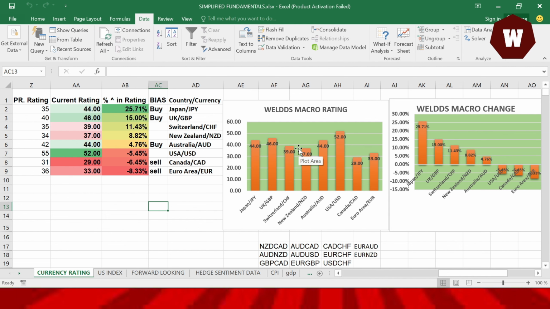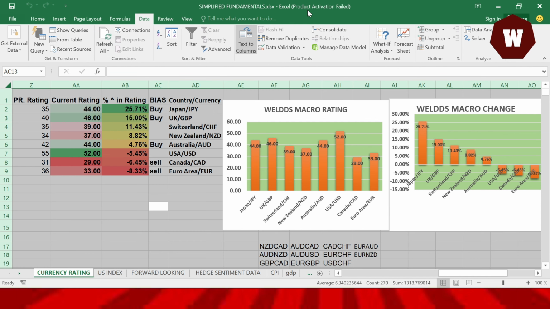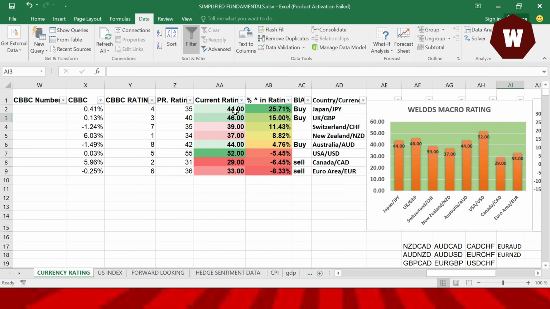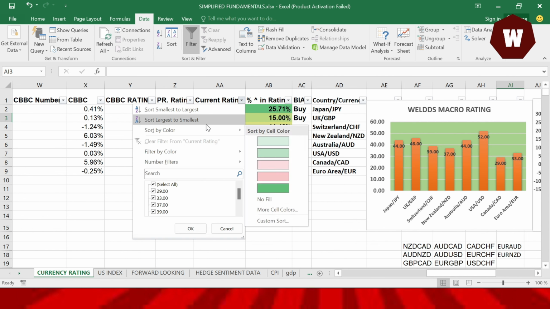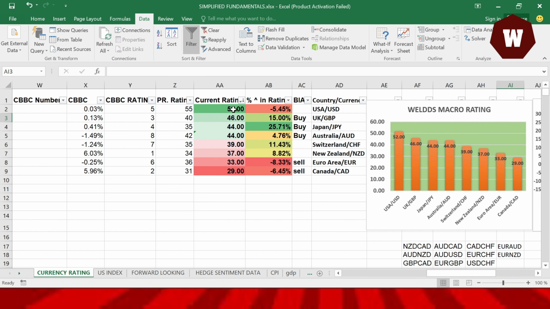If I select the whole of this data and I go to filters, I'll have an opportunity to filter this data from the highest to the lowest, and you see here that the US economy is still the strongest economy overall compared to an economy like Canada, the Euro economy, then New Zealand, Switzerland, Australia, and all those. Overall strength of the macro rating, the US is still number one, seconded by Great Britain.